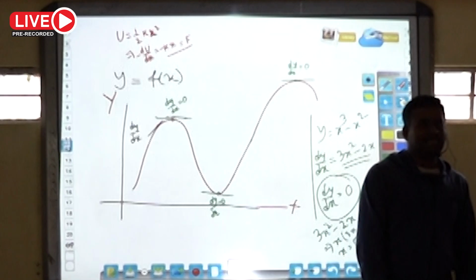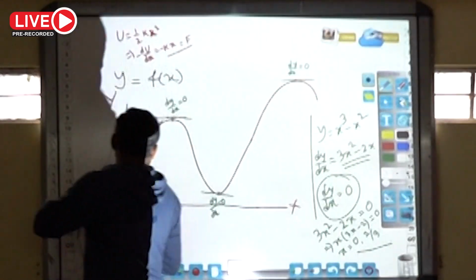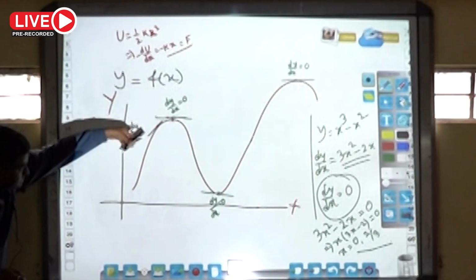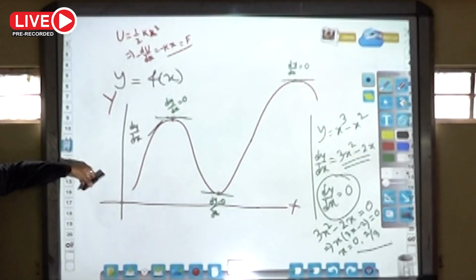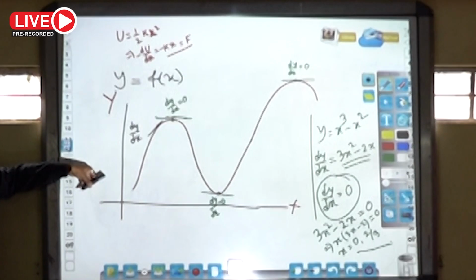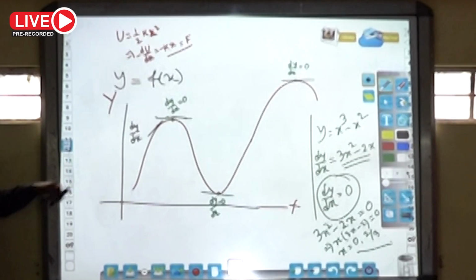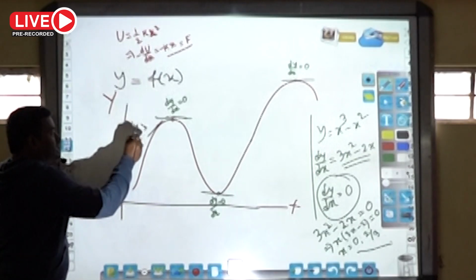It is positive. Why positive? Because if you extend this, it will cut the x-axis at an acute angle. Acute angle means tan theta will be positive, because in the first quadrant all trigonometric ratios are positive, so tan theta is also positive. So dy dx is positive, meaning greater than 0.